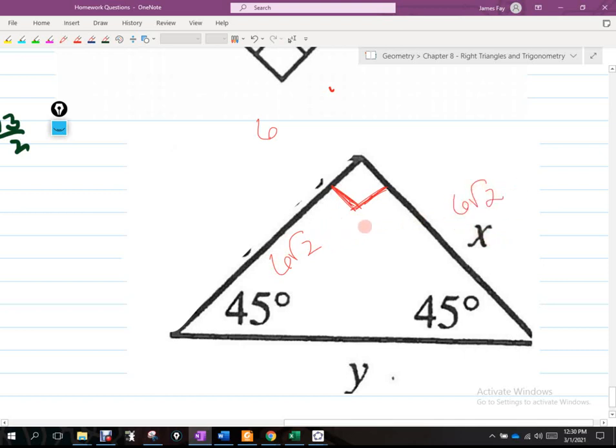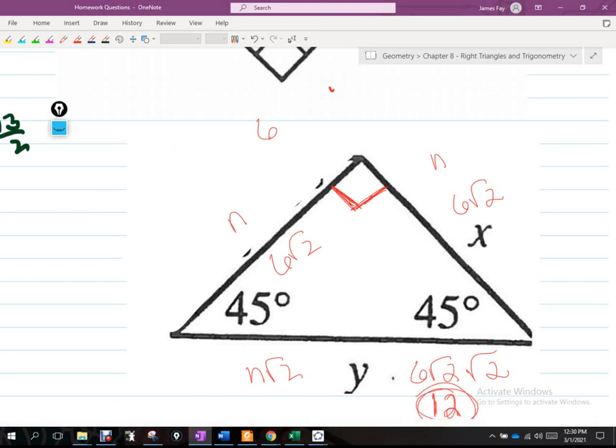And then what do I do with the 6 radical 2 to get Y? Careful. Remember, because this is n, this is n, this is n radical 2, right? So I take 6 radical 2 and multiply it by my radical 2. It's going to give me 6 radical 4, which is 6 times 2, which is 12. Is that okay with everybody?